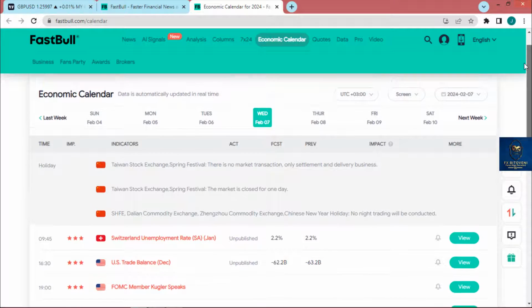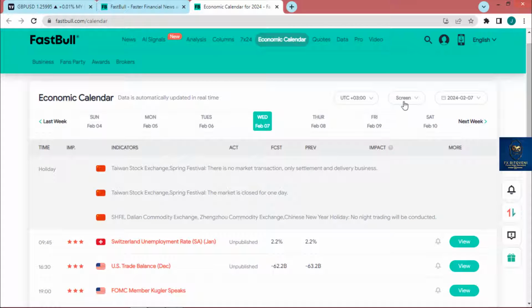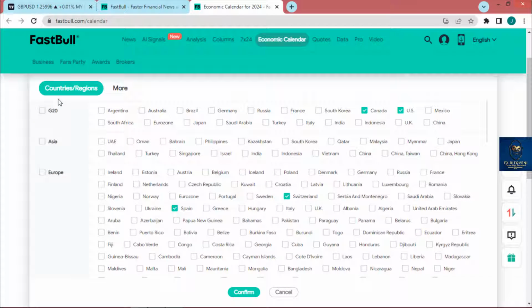If you are trading GBP USD, you can simply click on the screening. You see the screen. If you are new to Fastball, I always tell you that, because it provides you with real-time data. So click there, and then you come here and click more.